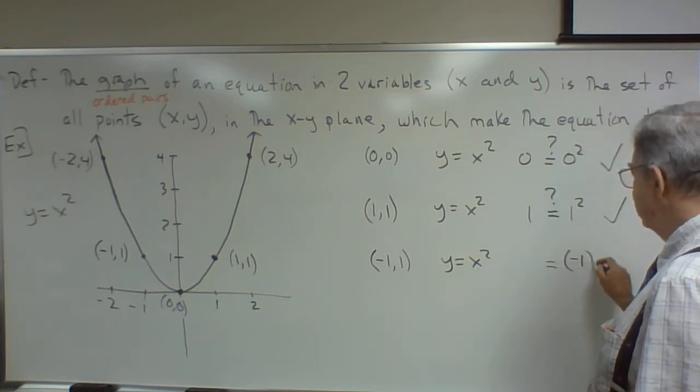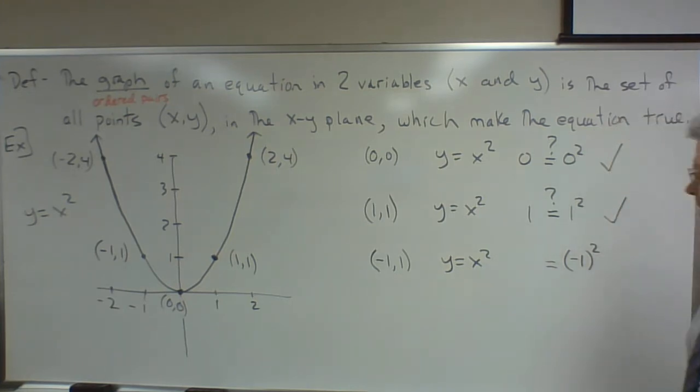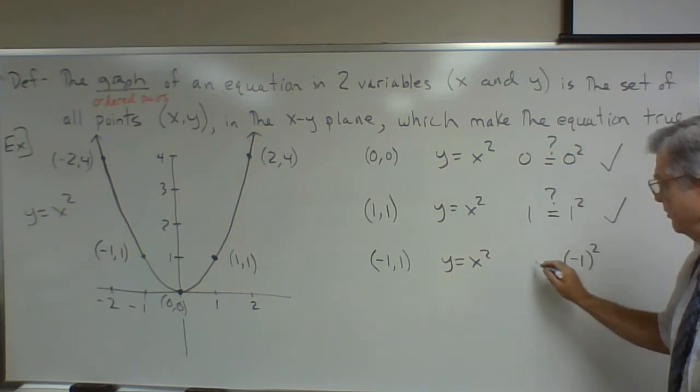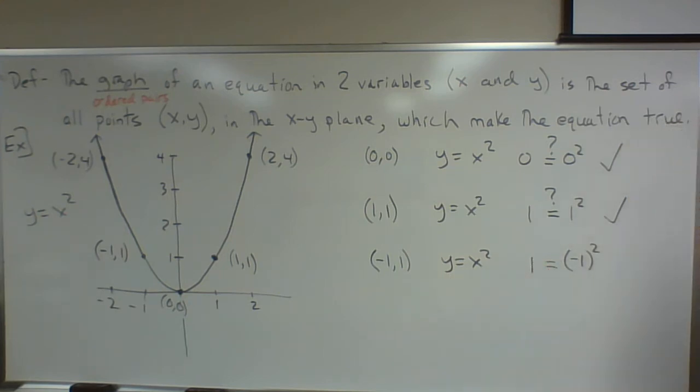So we'll have (-1) squared. We take +1 and substitute it in for y, so that will be 1. Now, is it true that 1 equals (-1) squared? Yeah, (-1) squared is +1, so we have +1 equals +1.